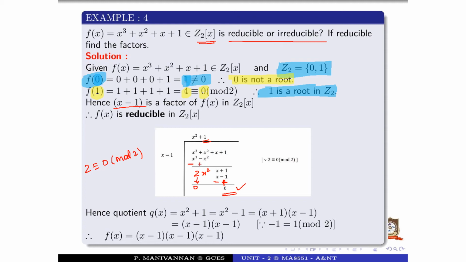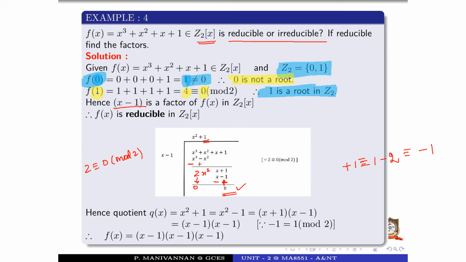It can be rewritten as x square minus 1. Why? Plus 1 is equal to minus 1, since adding 2 or subtracting 2 are equal. So under mod 2, it is equal to minus 1. x squared minus 1 can be rewritten as x plus 1 into x minus 1.